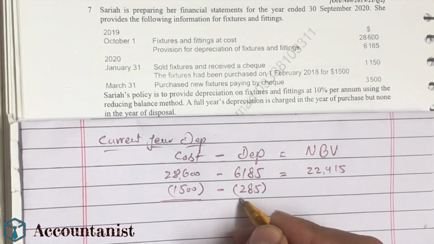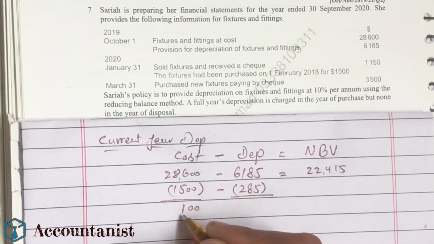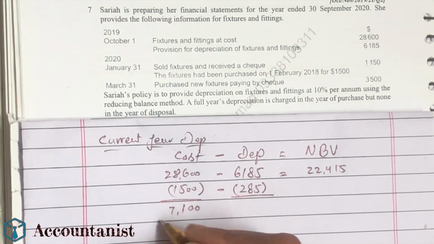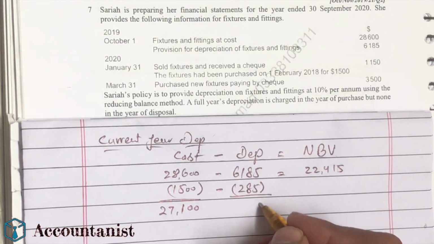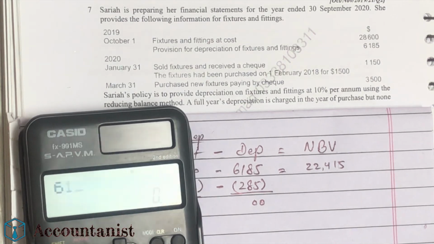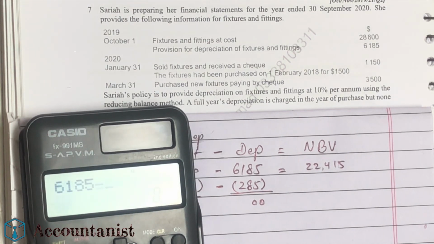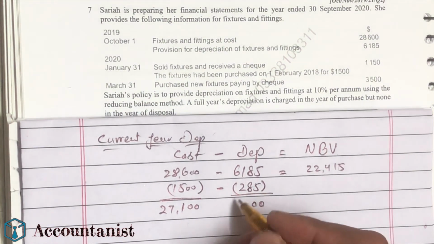After deducting these numbers, I got the cost of the remaining previous year assets, which was 27,100, and the depreciation was 5,900. So 6185 less 285, which gives me 5,900.